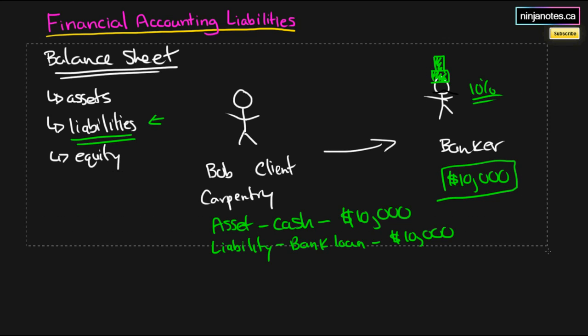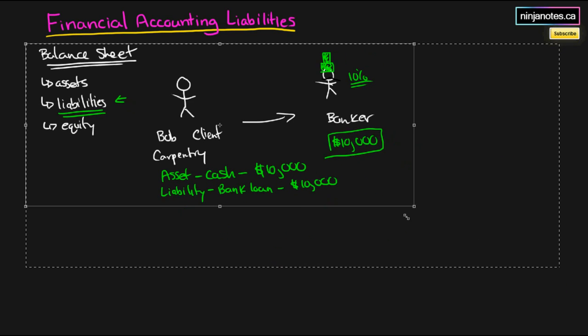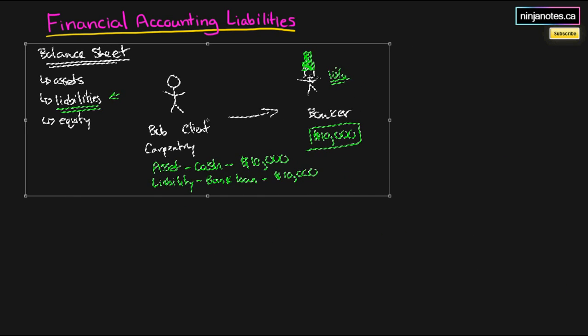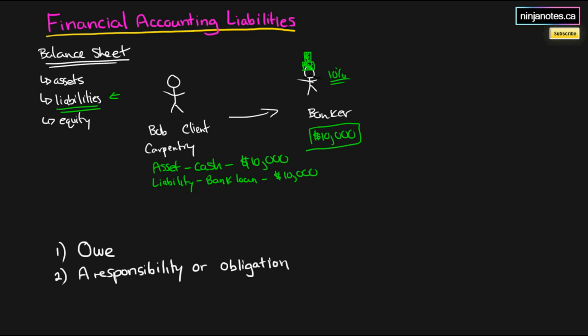So let me transform this and make it a little bit smaller, because I just wanted to describe what a liability is and give a definition. So a liability is an amount we owe. A liability is a responsibility or obligation, and we can see this because we're obligated to pay back this $10,000.